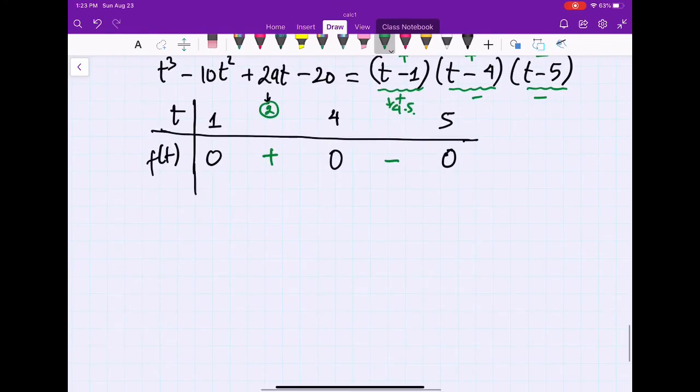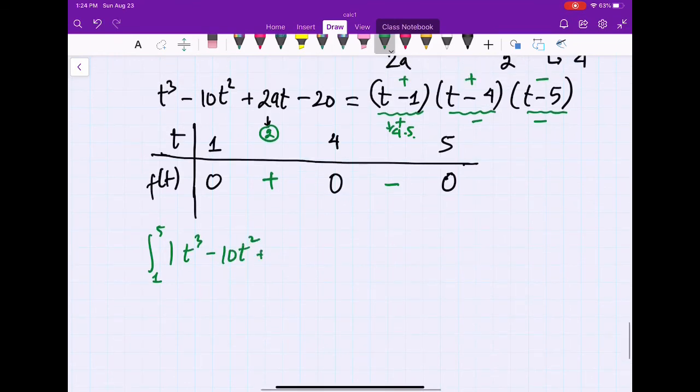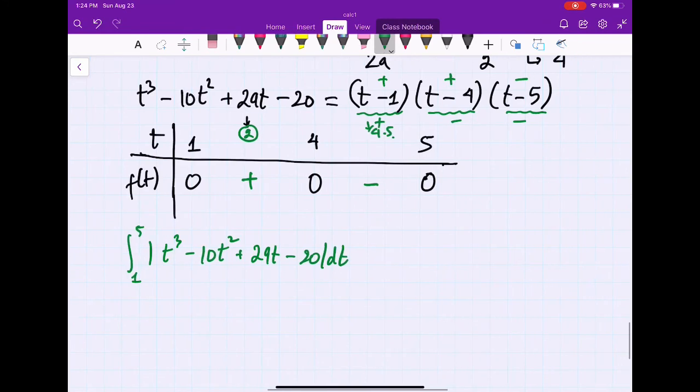Then your integral may be rewritten in the following form. The integral from 1 to 5 of the absolute value of t cubed minus 10t squared plus 29t minus 20 dt equal to integral from 1 to 4, and the function is positive, so we can write just t cubed minus 10t squared plus 29t minus 20, right?